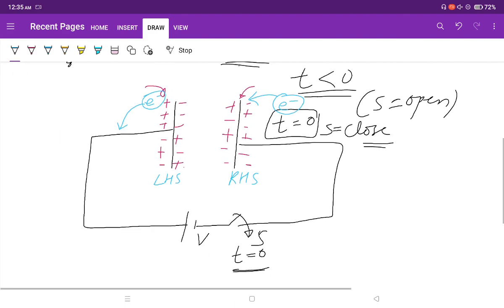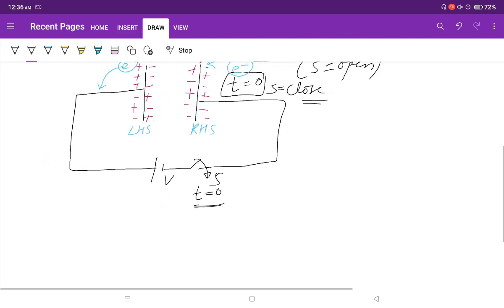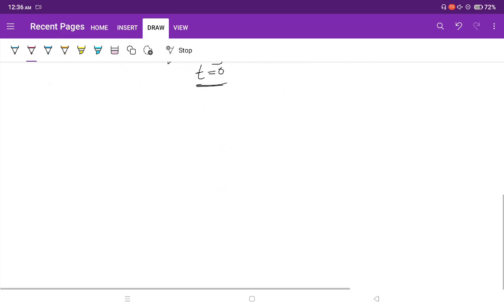Initially it is easy to take one or two electrons from the left hand side. Then only positive charges remain here, or the majority charge is positive, and here the majority charge is negative, right? So let's see here again.